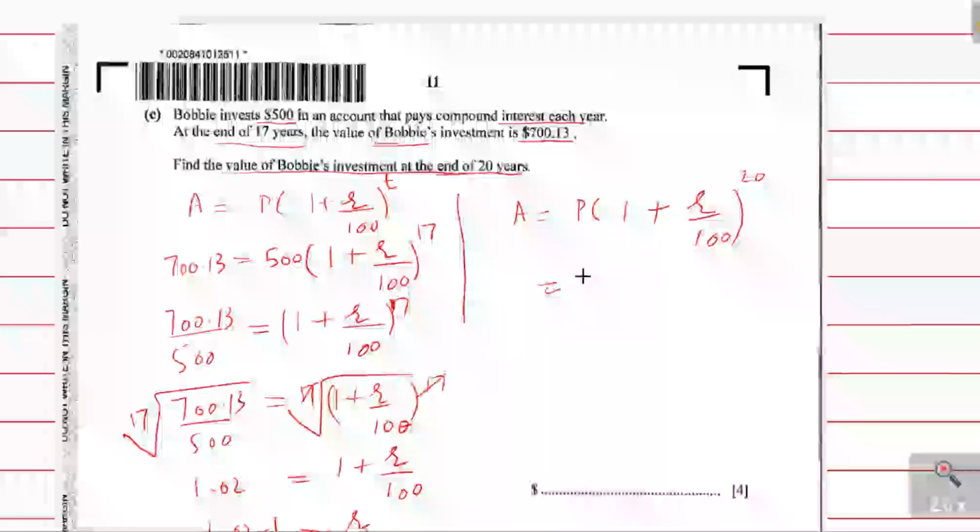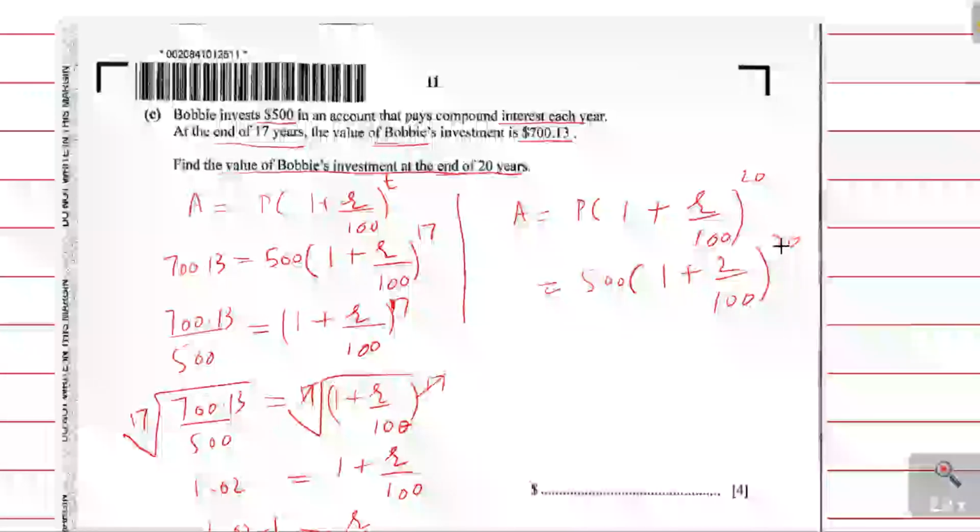P is 500, R is 2%, we write 2 over 100, and 20 we write as it is.